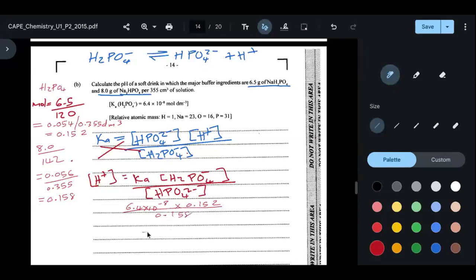That would be equal to 6.4 times 10 to the minus 8, and I get 6.15 or 6.16.